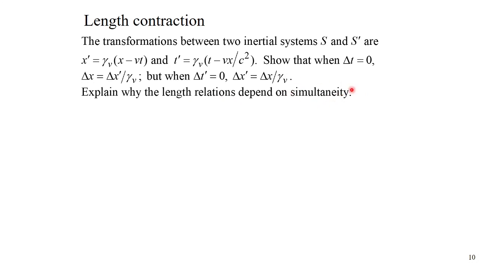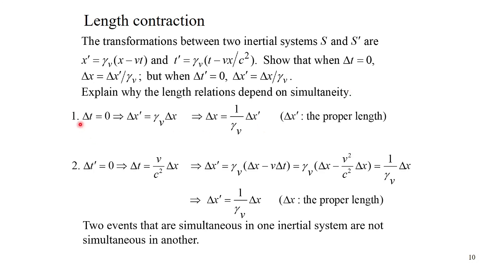Okay, so let me show you. First, if we measure in the unprimed system, so delta t equals 0. Obviously, it becomes gamma v delta x. Okay, so we can change to here. We just assume delta t equals 0.